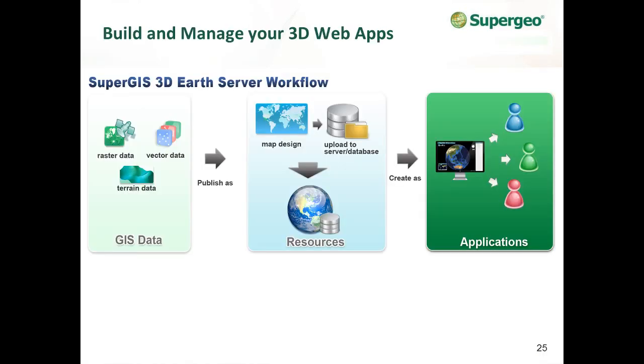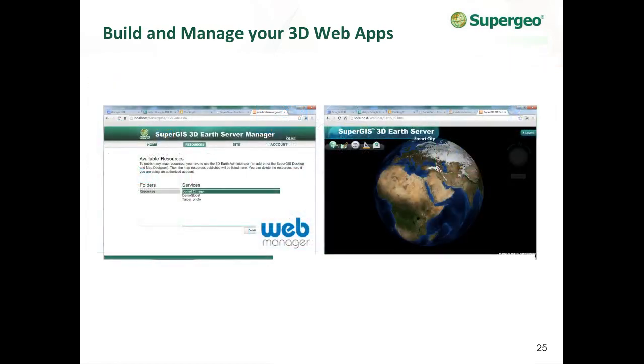Okay. So finally, we can use the simple way to quickly build out our 3D web application. And at the same time, you can decide to include different toolbars, determine the site name and which toolbar you need. You can do a lot of things because our web manager is very friendly and easy to use.